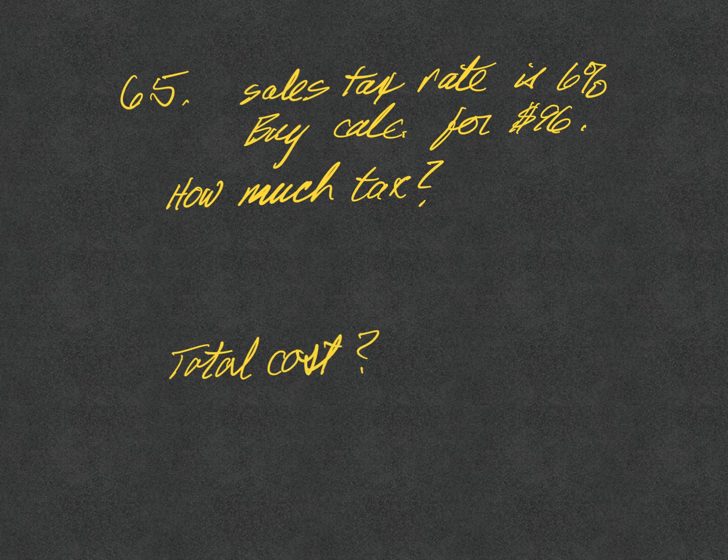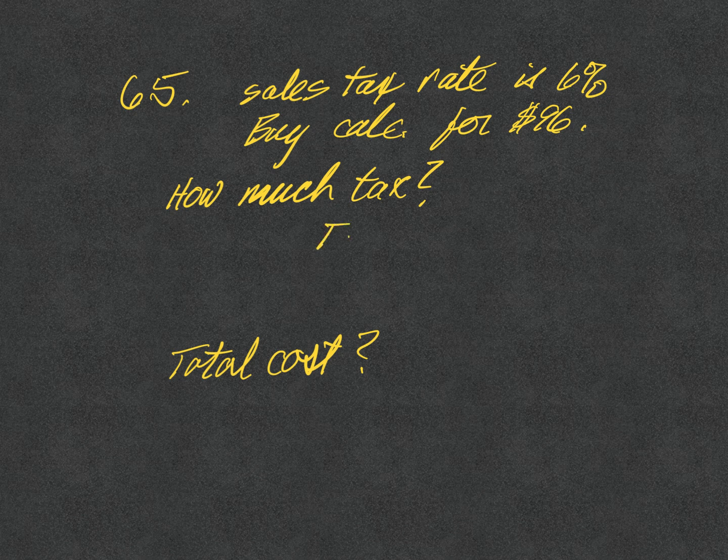So a very practical problem. This is very typical of what you might encounter. So a quick example. So we're going to buy a calculator for $96. So what we're saying is the tax rate of the cost of the item is the tax.